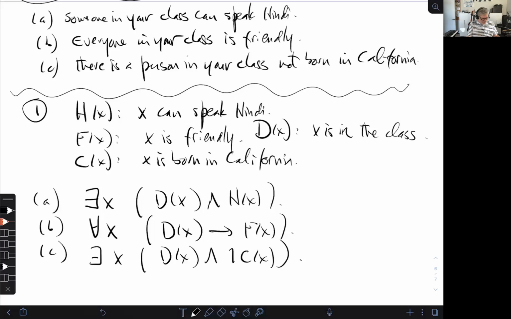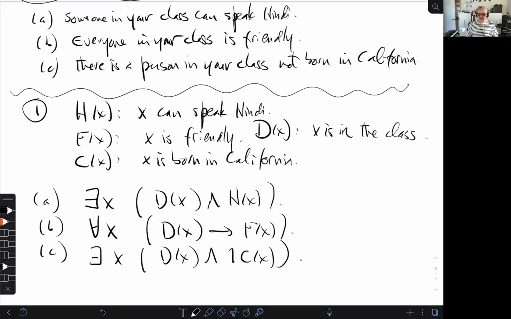Well, you can, because you can re-express the implication. You could say either the person is not in the class or this person is friendly, but that's exactly the same as what's written here. It's logically equivalent to that.